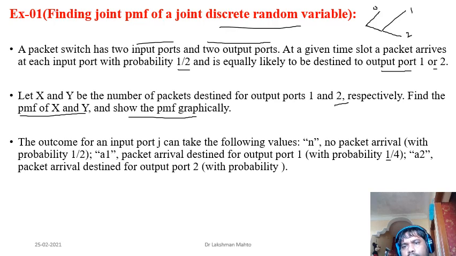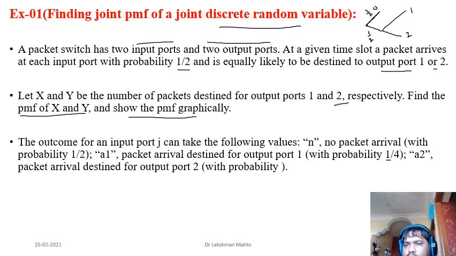So if you observe this node, it is divided into two parts. With probability 1 by 2 you get no packet arrival, and with probability 1 by 2 you get a packet arrival. Further, it is divided into two ports because there are two output ports, as already mentioned.